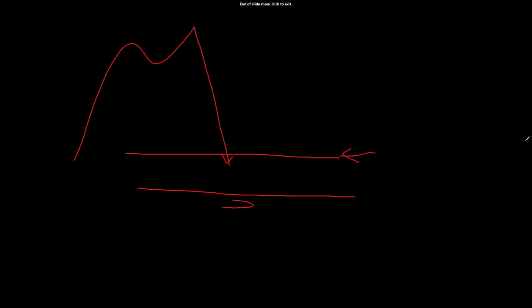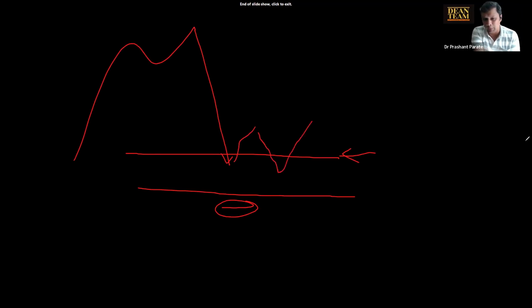So you can sell a put below this, an out of the money put. As the trend is in your favor, the force is not in your favor. What do we expect? Prices are likely to go up. Again, it may come down, but it should go up. So if you have sold a put here and it goes up and comes down again below this, still you will be in profit because you sold an out of the money option.